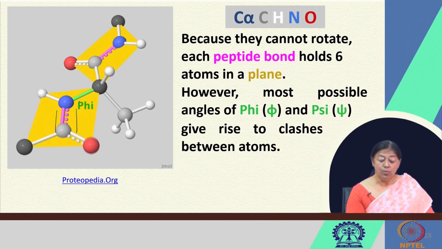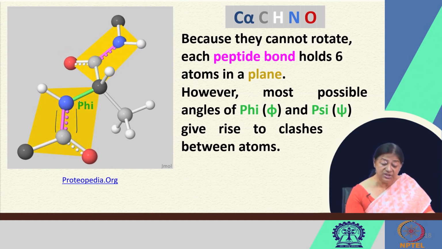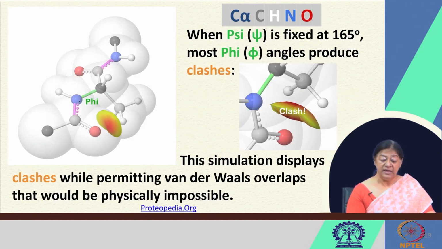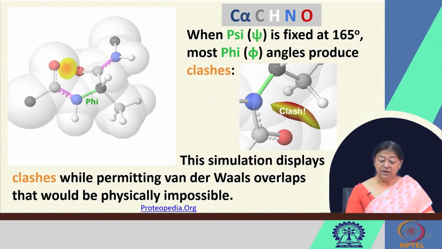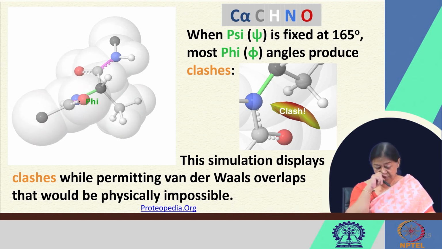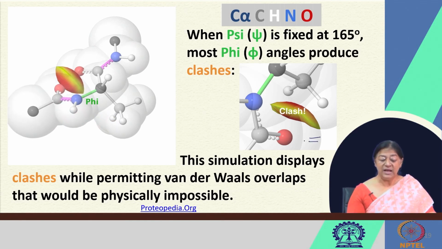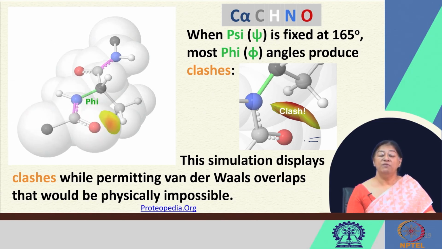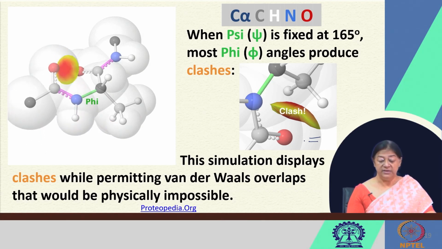But again, when we look at the side chain attachments to the C alpha, we realize that when that bond is moving, there is a possibility of steric clashes. So, now when we have the movement about the phi or the psi angles, we see the clash. With that clash, there are phi angles that cannot be allowed due to the steric interactions.